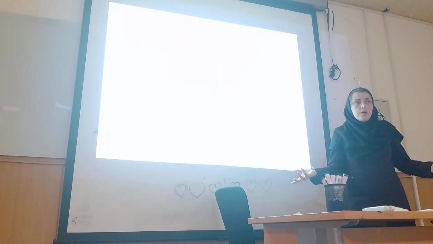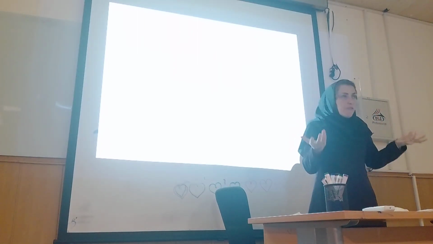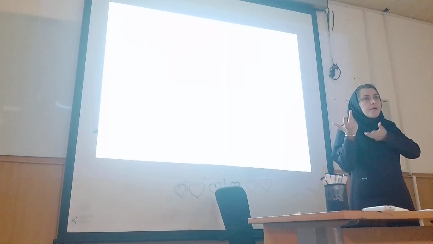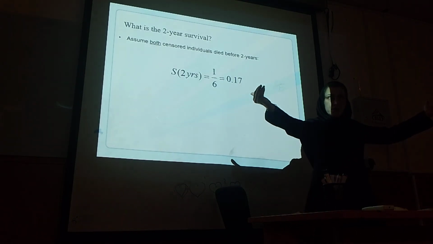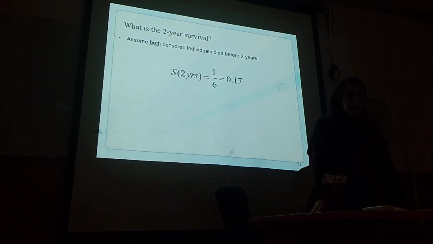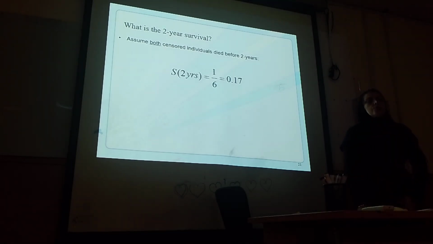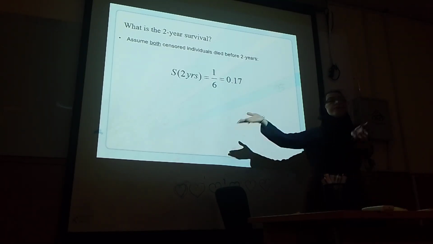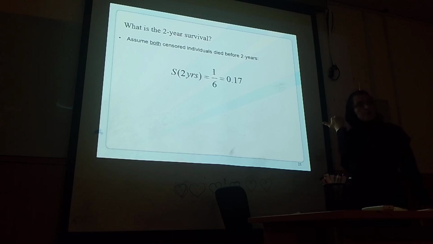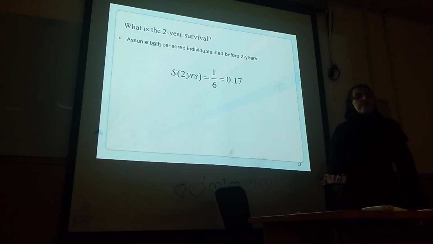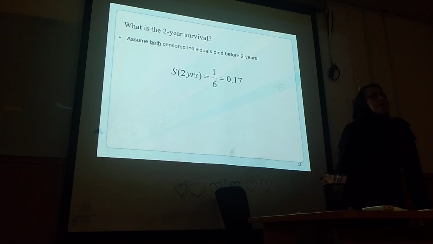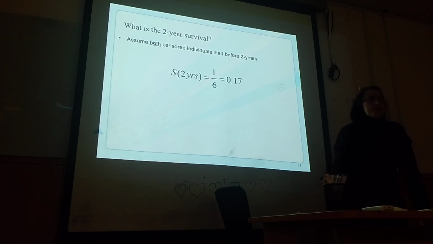The correct survival rate is 50%? You told us that you remove those two censored individuals from the beginning and calculate the denominator as 4. Exactly. But what are the disadvantages of this solution?